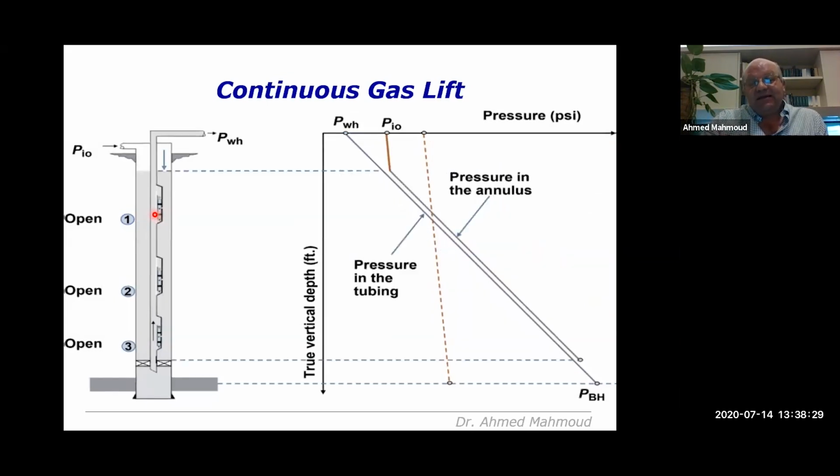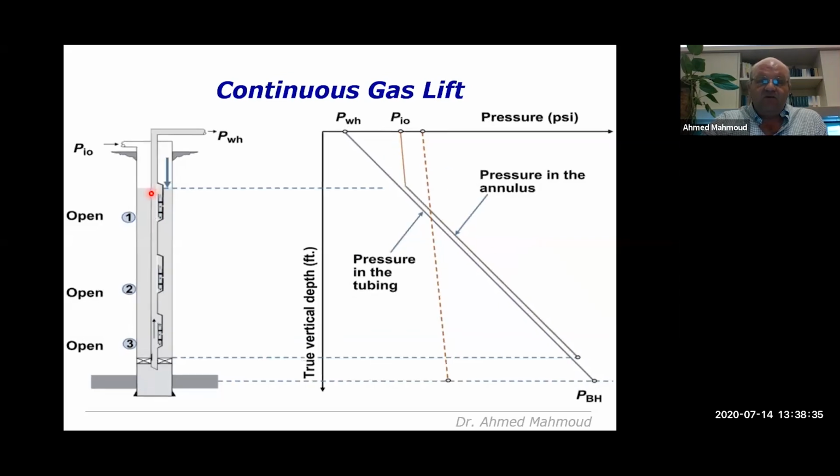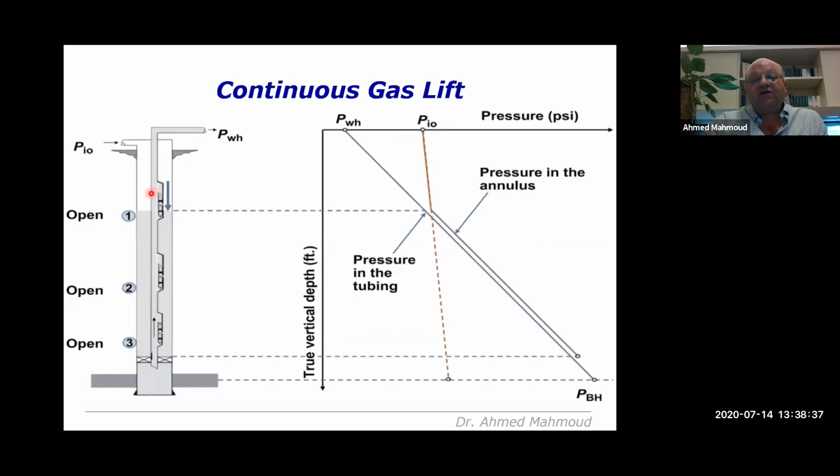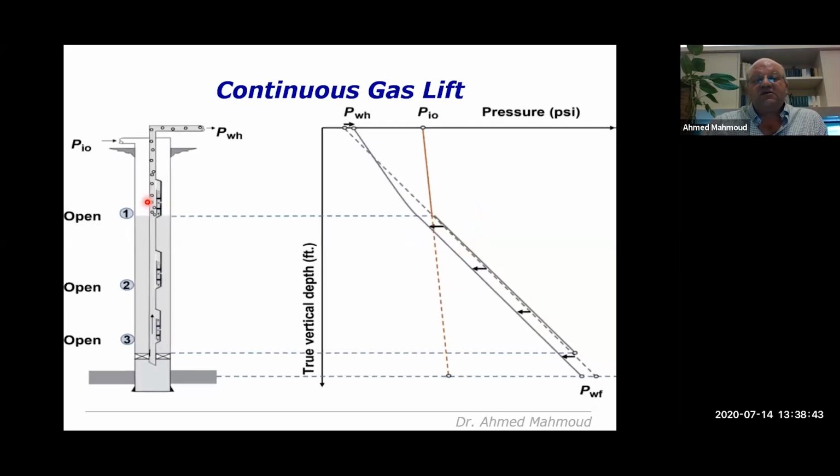We'll take it step by step. As we open, we're injecting more gas, and the fluid level will move down and down. Then this initiates the valve to start circulating, and the gas will start entering through this valve and lighten the hydrostatic fluid column above the depth of this valve.